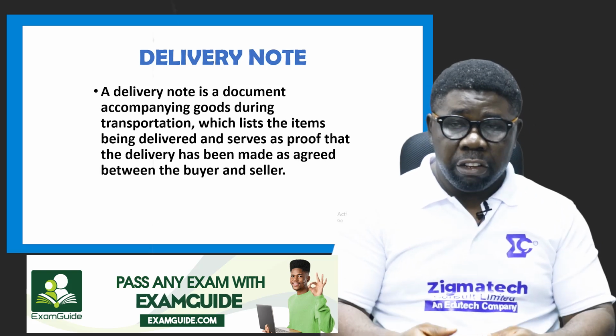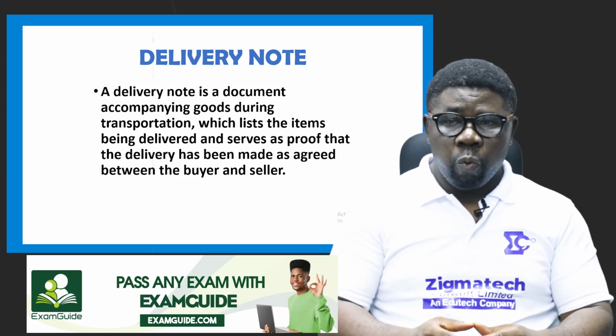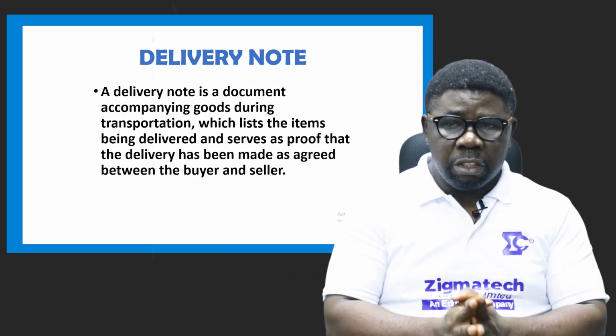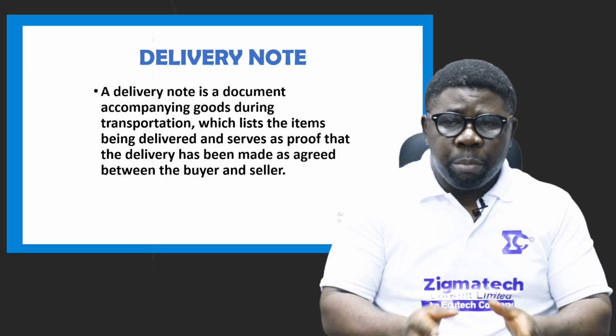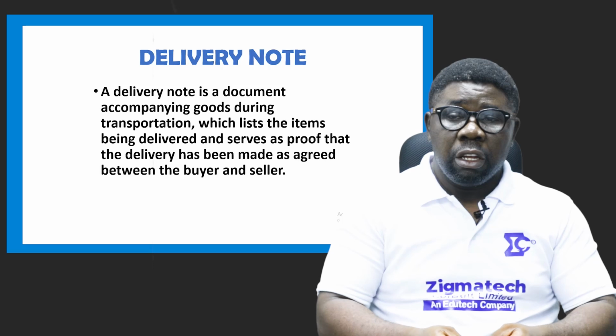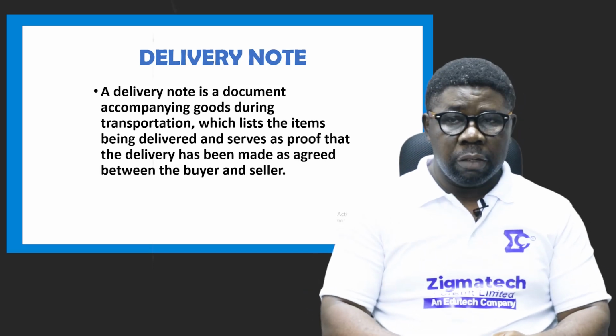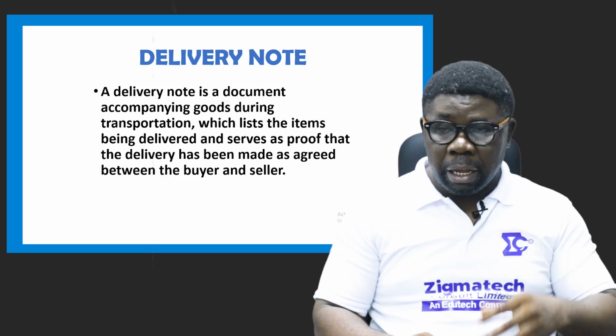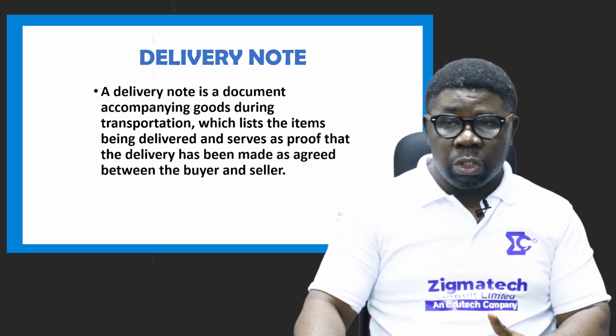That is advice note, but this one tells what is being delivered, okay? The list of the items being delivered, it serves as a proof that the goods that were ordered for have been delivered. When the recipient signs the note, all right, it means that the goods have been successfully delivered to the buyer, okay? That's what this note is all about.